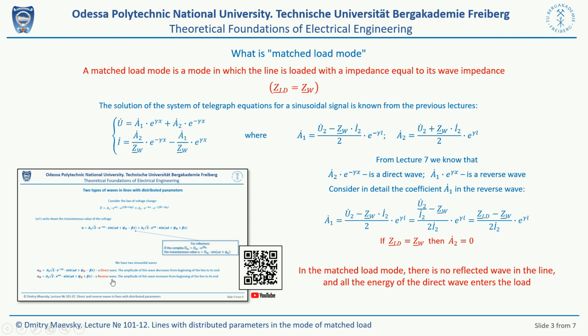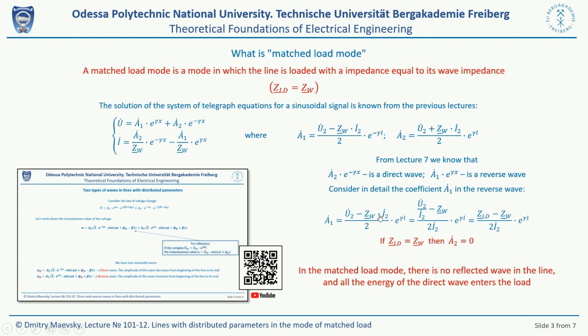We also discussed that the integration constant A1 determines the amplitude and phase of the reverse wave. Let's examine this integration constant in more detail for the case of matched load. The integration constant A1 is determined by this formula.